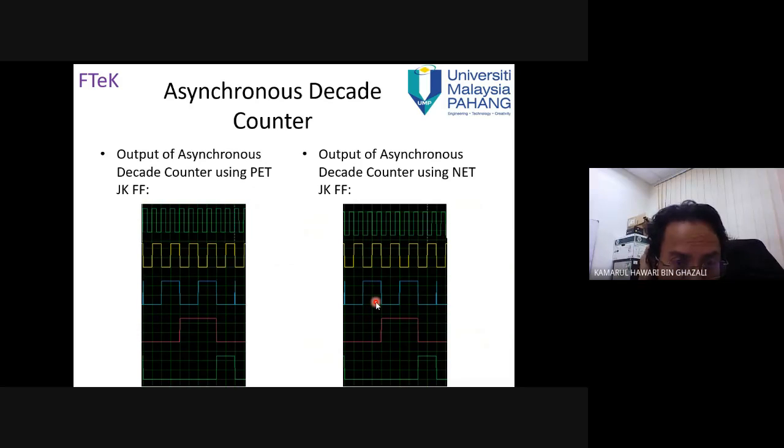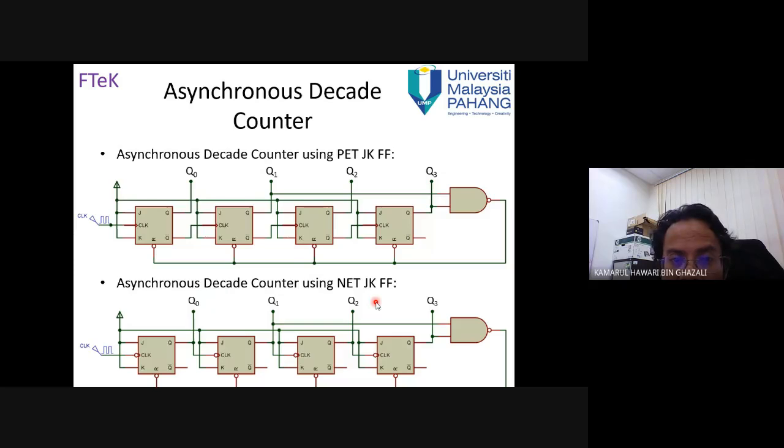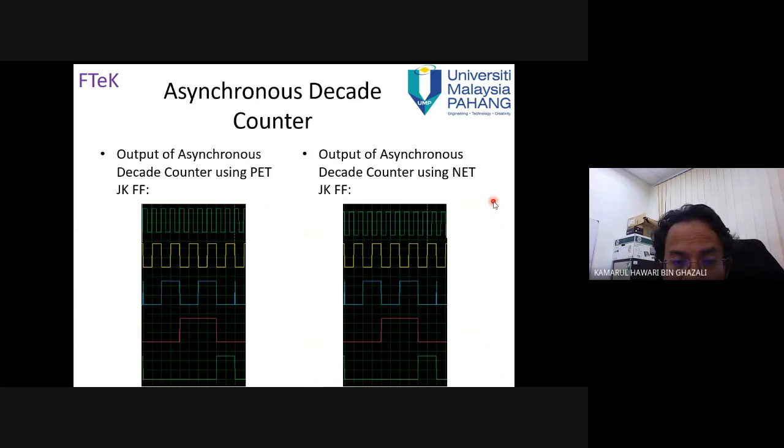Output of asynchronous decade counter using PET, if you look at this carefully, dia akan reset dekat mana tu? Kita nak kena dapat output ni kejap.